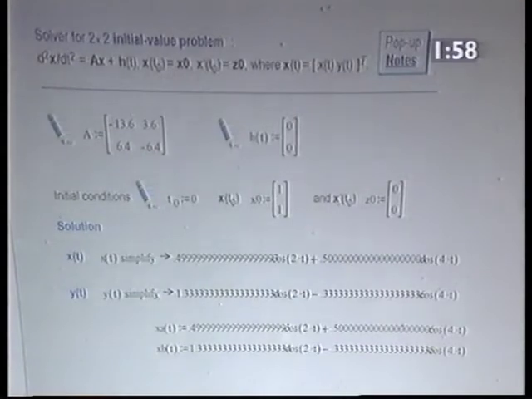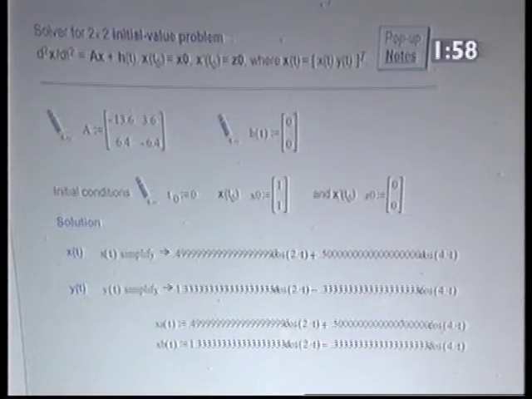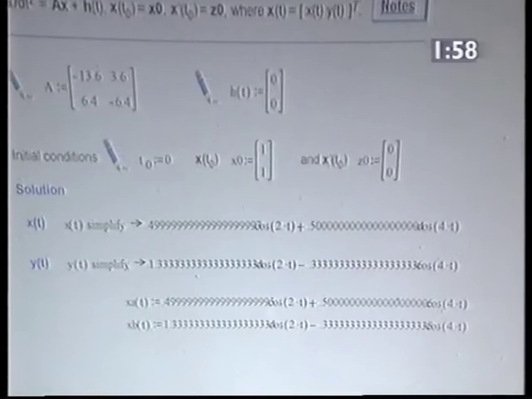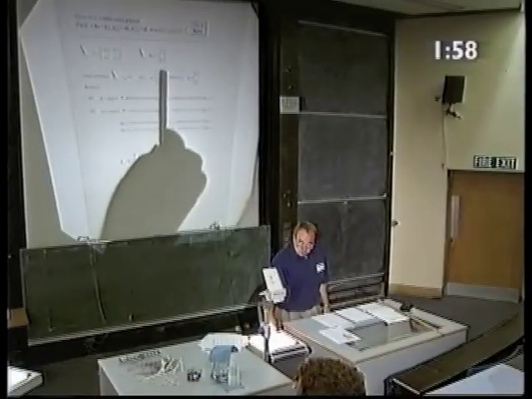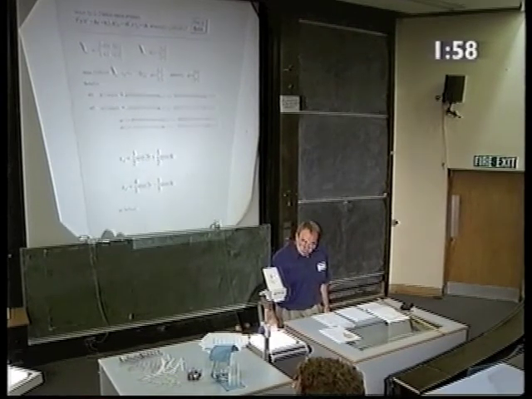Just to check the calculations, you can actually run this through on MathCAD. I've put in a matrix there, it's homogeneous, put the h equal to 0. Initial conditions at t equals 0, the initial positions are 1, and the initial velocities are 0.